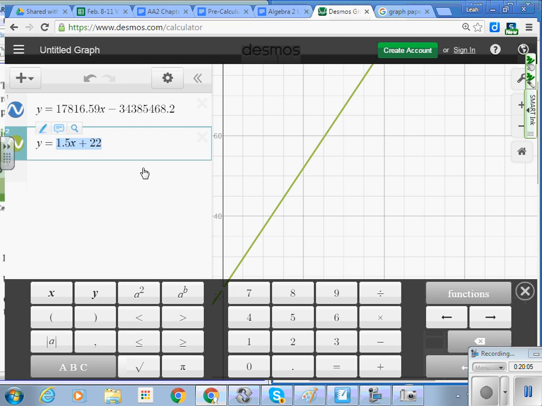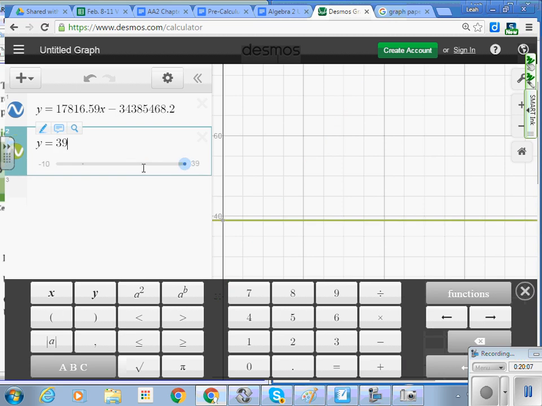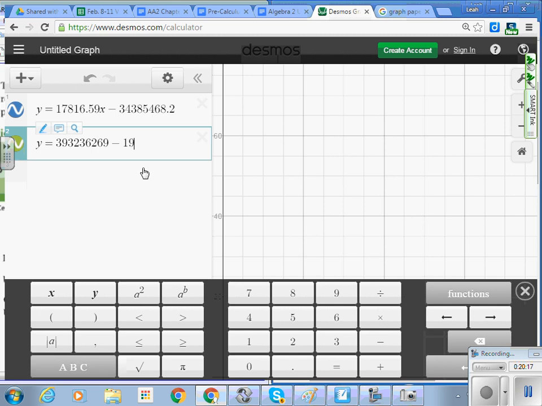There's no way to avoid data entry. Then 39,323,626.9 minus 19,217.55x. Okay, so if we put our decimal point in the right place.